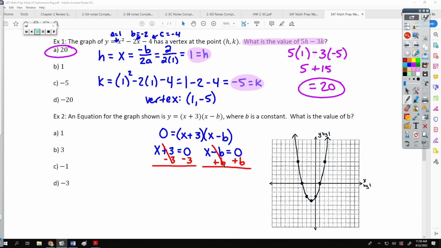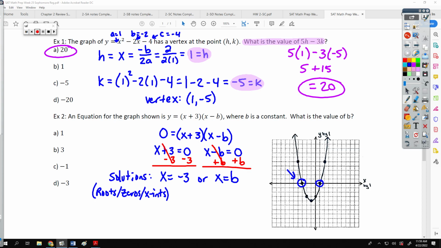are x equals negative 3 or x equals b. These are the solutions, which is a fancy word for x-intercepts. It could also be the word root, the word zero, or x-intercepts. Well, if we look at the graph, it has two x-intercepts.